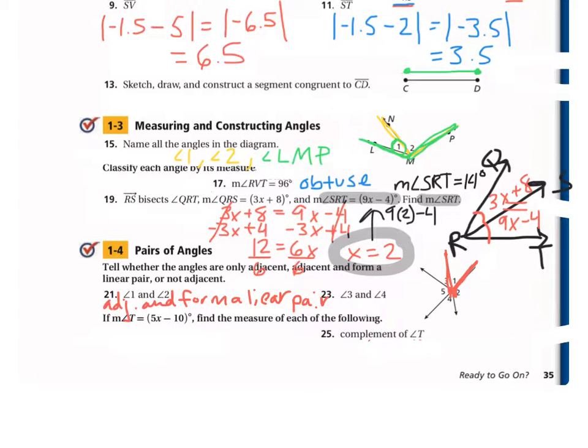So now 23 is talking about angle 3 and angle 4. These angles do share a vertex in the center, but they don't share any sides, so these would be not adjacent.